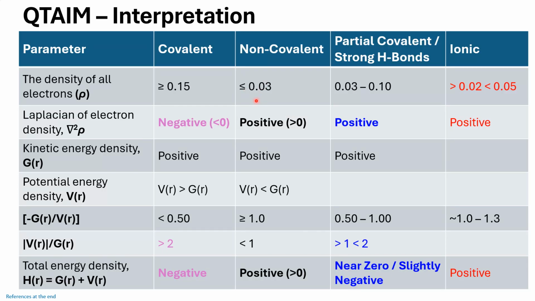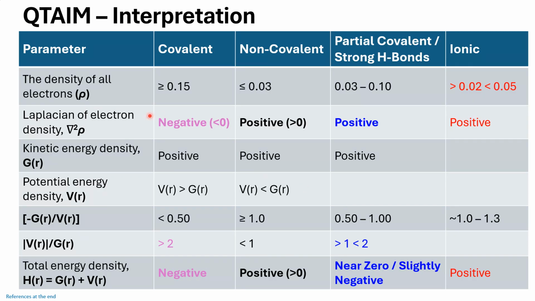These are all approximate, based on the literature and the experience of different people. I took these values from the literature and I have given the references at the end. You will find a slide of references, and I'll also put it in the description of the video so you can directly access those papers from where I got all this data. This is just a guideline, not an absolute value. Just remember this point before going further into detail.